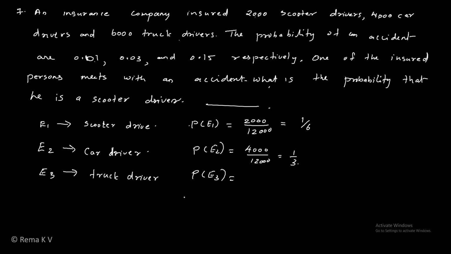And then probability of E3. Probability of E3 is equal to 6,000 by 12,000, that equals 1 by 2.